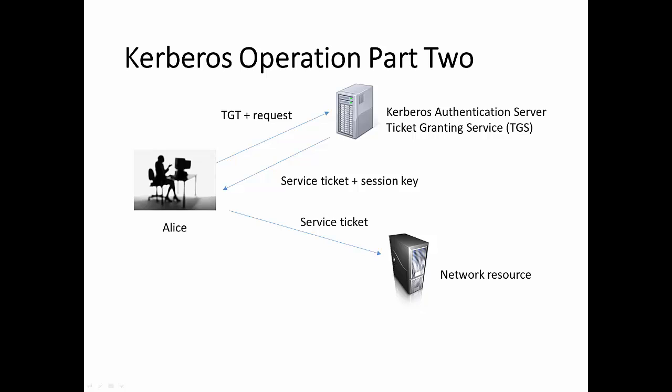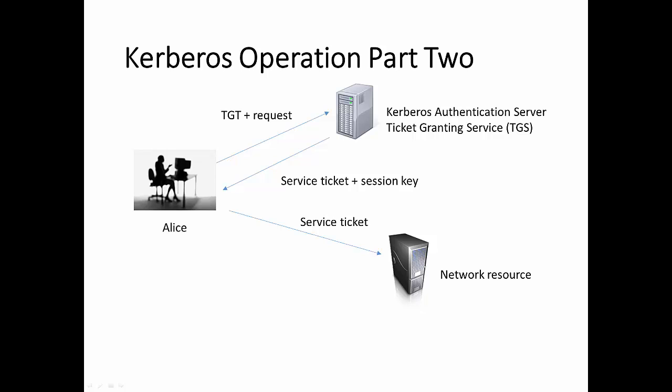And the service ticket is sent with another session key. Alice already received a session key which is identical to what was stored in the service ticket, and the network resource, now able to decrypt the service ticket, retrieves the same session key from it.